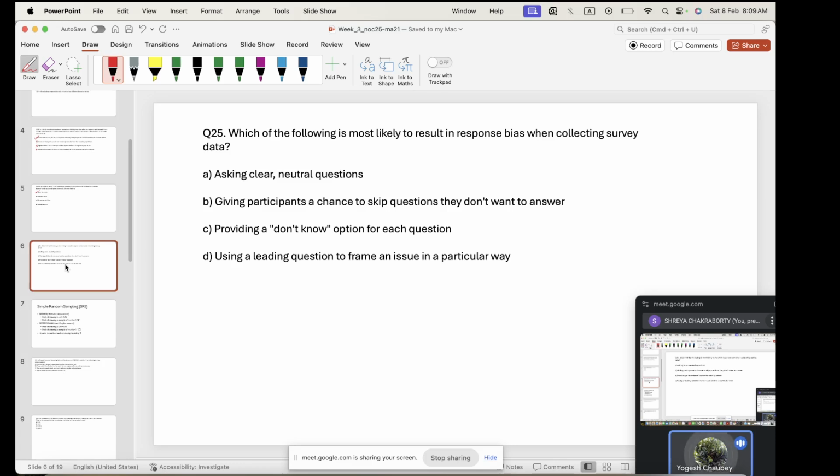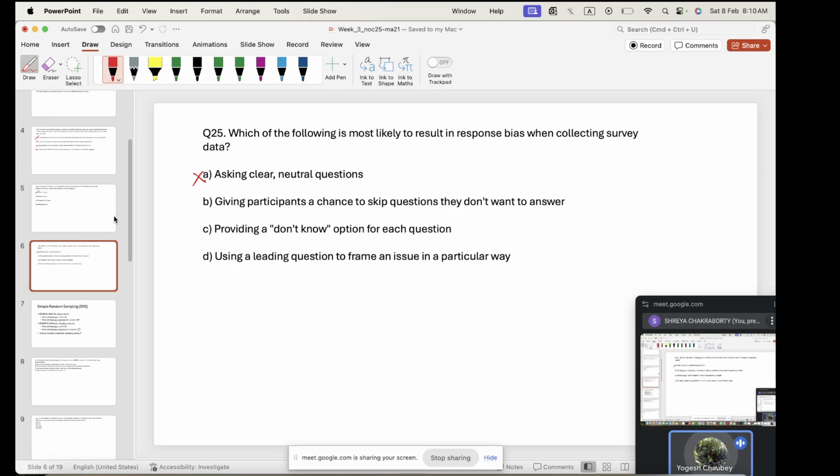Asking clear neutral questions cannot be response bias. No, this will actually reduce response bias. So this is not the correct answer.